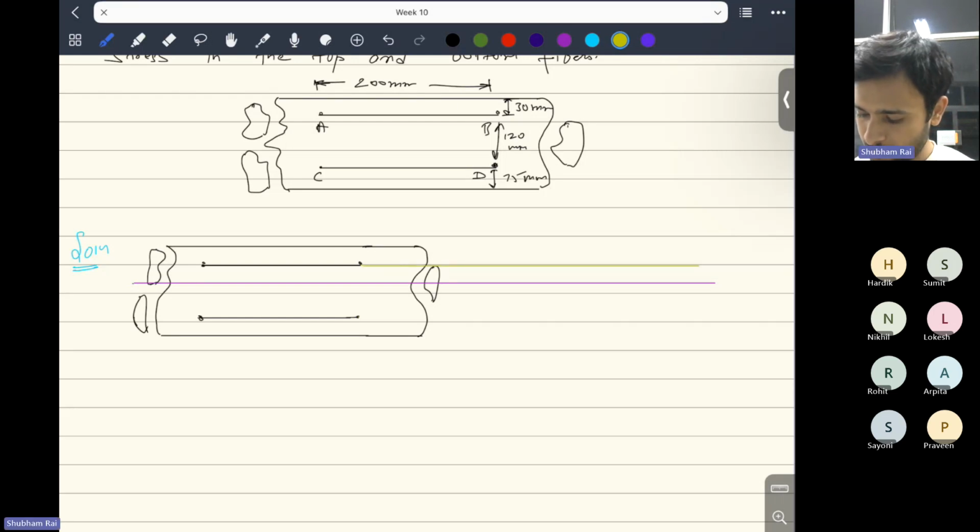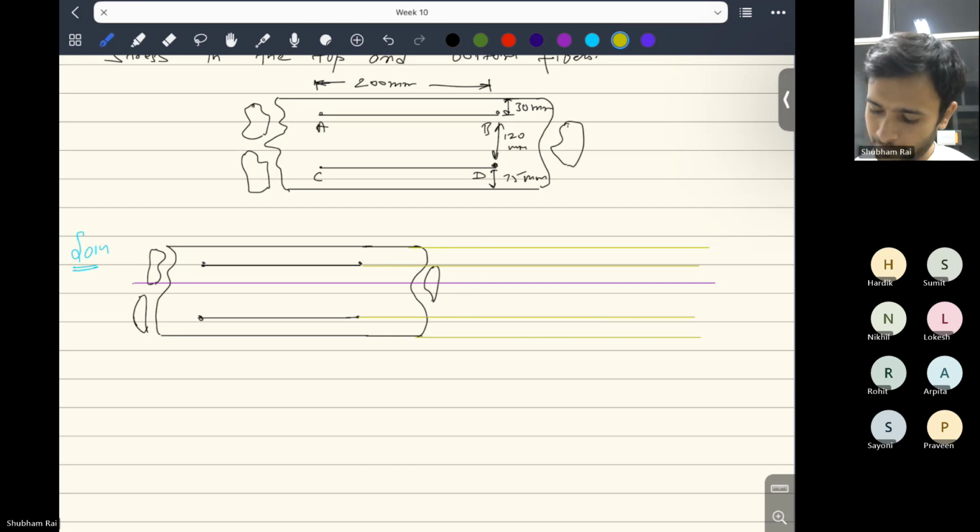It will be here. It will be here. And top and bottom also I'm extending. So fiber will be here. Fiber will be here. Let's assume this is A, this is B, and this is C, this is D.